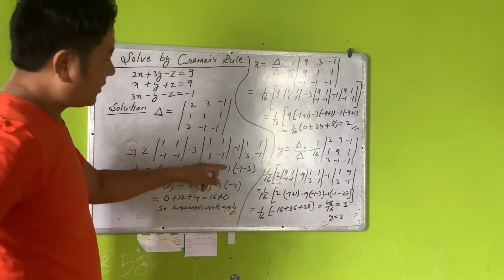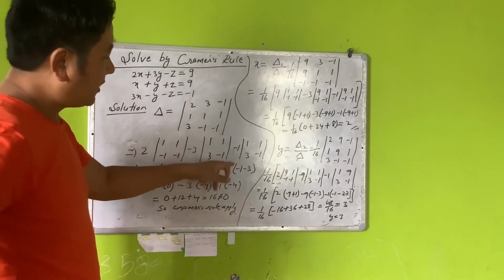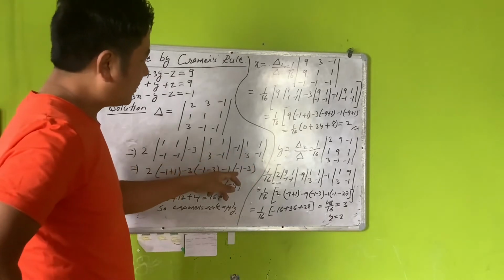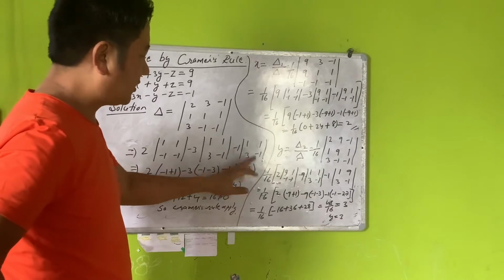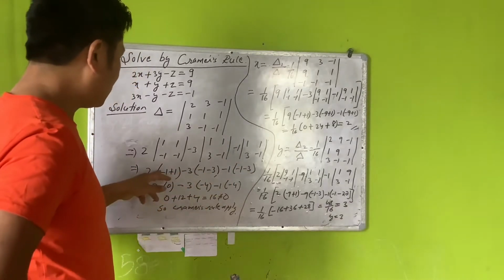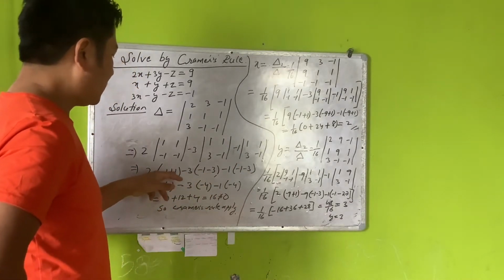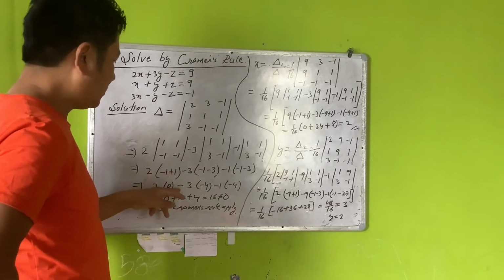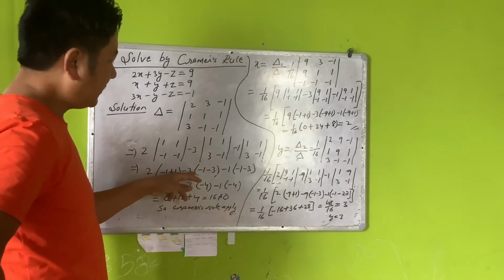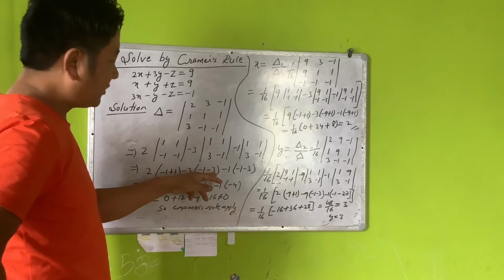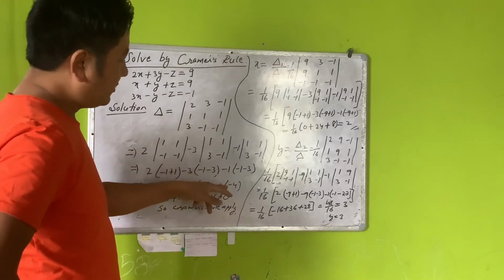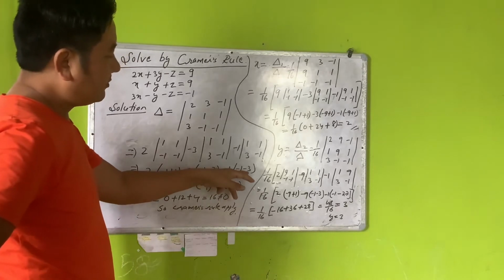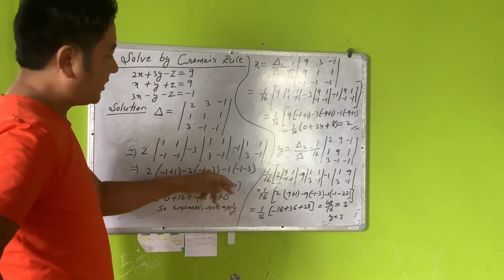Again -1, then 1 into -1, and here we have minus in the formula, and 3 into 1 3. If you solve this, -1 plus 1 is 0, so 2 into 0, then -3 plus -3 is -4, then -1, -1, -3, that is -4.